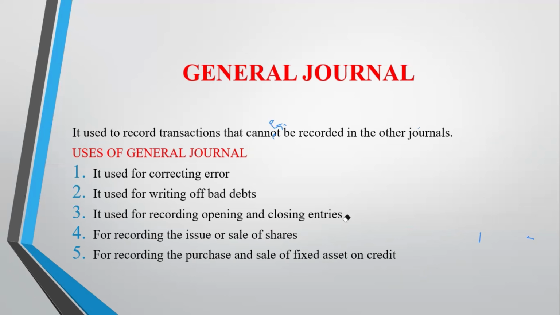When there is a sale or purchase of a fixed asset on credit, we don't record it in the purchases journal or sales journal, but in the general journal. But when there is a purchase of goods on credit, that will go to the purchases journal. When it is a fixed asset, we use the general journal to record it. And also when the company issues its shares, it is the general journal that we use to record it.